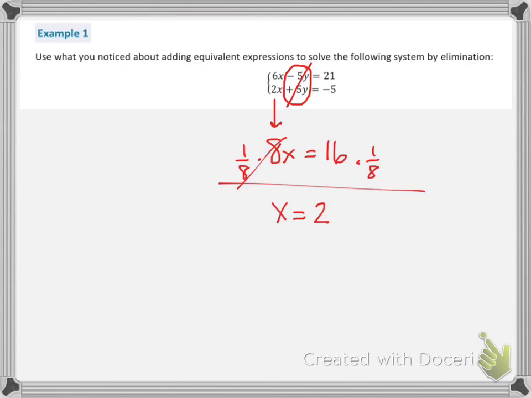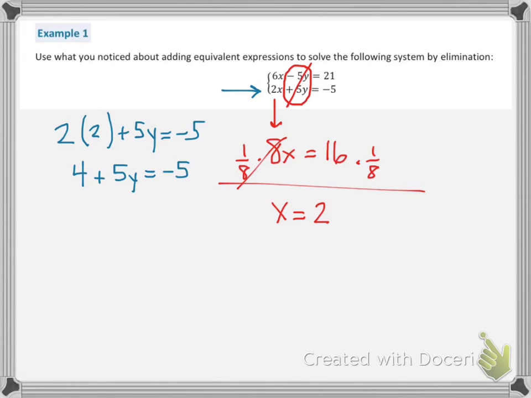Now that I have that, I can substitute my value for x into either of these equations and solve for y. I'm going to use the positive y there. So this one is 2 times x, well that's 2, plus 5y equals -5. That gives me 4 plus 5y equals -5.